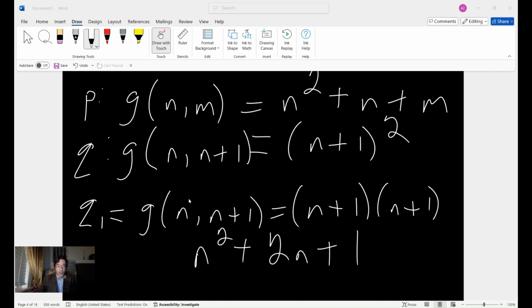The definition of G, which we said was n squared plus n plus parentheses n plus 1. That's your aha moment. It flows beautifully into Q sub 2 because you're connecting the hypothesis to the conclusion in one smooth bridge. So in other words, P implies P sub 1.